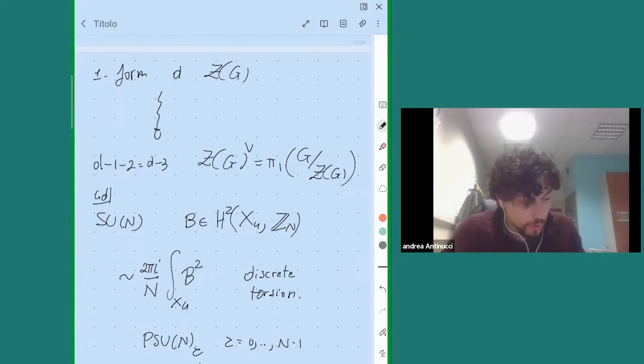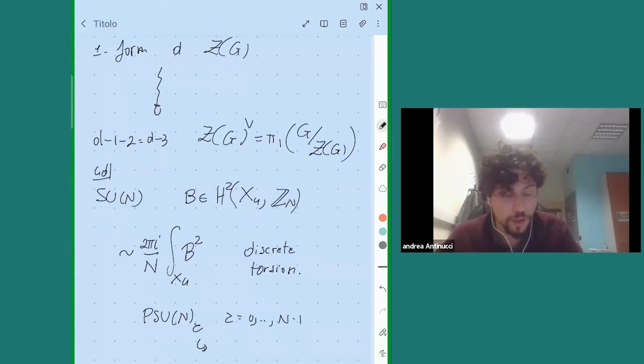Okay, so before going on, and in a moment I will go to the second part, I just want to make a comment that it is not always guaranteed that you can gauge a higher-form symmetry. Higher-form symmetries, as all symmetries, can have 't Hooft anomalies. And 't Hooft anomalies are obstructions to gauging the symmetry.